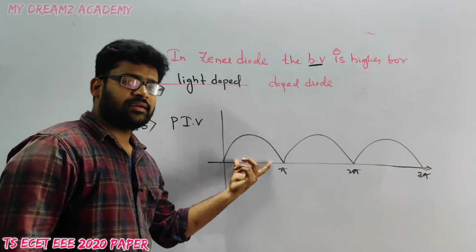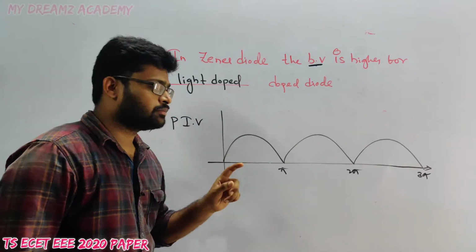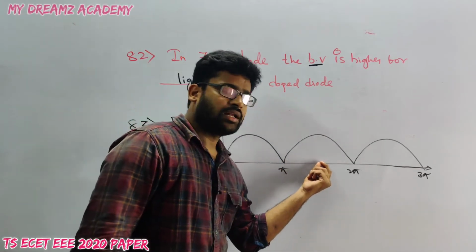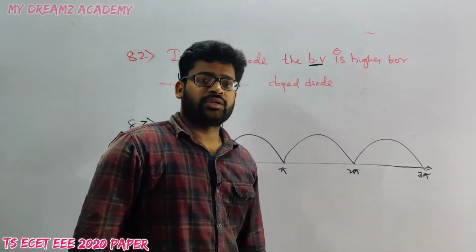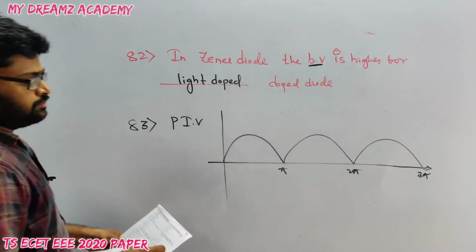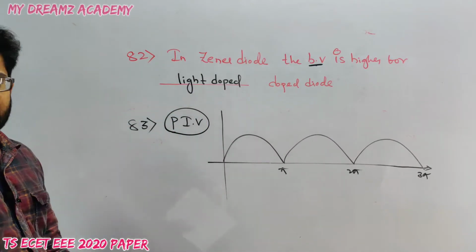When D1, D3 are on, this cycle will come. When D2, D4 are on, this cycle will come. The same thing will continue, but what is peak inverse voltage in the reverse bias condition?